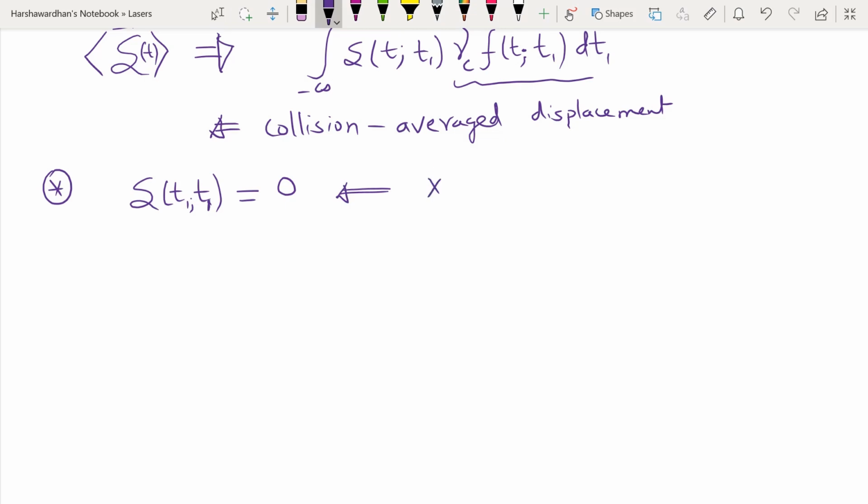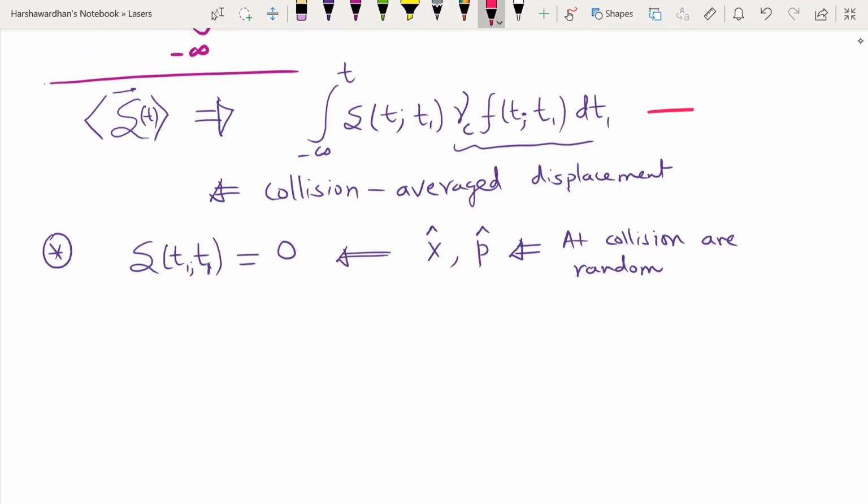Remember that my x and p at collision are random, and remember that these are vectors. So if I'm looking at all random orientations of these vectors, statistically averaged over the atoms, the average is going to be 0. So this I'm calling equation number 5.